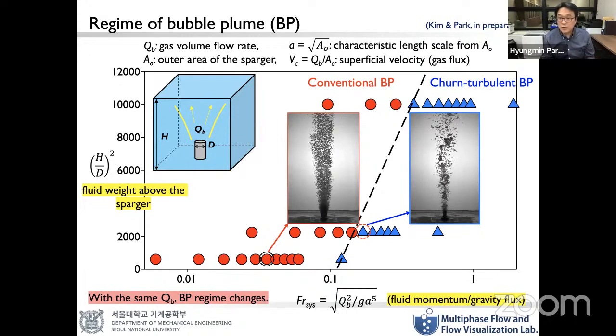But the result shows that in our problem, the conventional one is more efficient in mixing. As shown here, we have a large tank, and the sparger is at the center, so compared to the bubble plume width, we have a large tank. That's why in our configuration, as you said, the large-scale circulation entrained by the bubble plume is the key to determine the mixing.